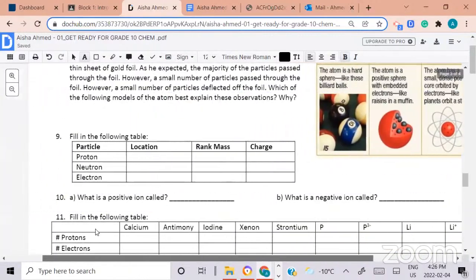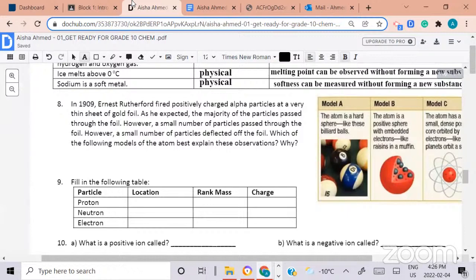Okay, would you want to read that? In 1909, Ernest Rutherford fired positively charged alpha particles at a very thin sheet of gold foil. As he expected, the majority of the particles passed through the foil. However, a small number of particles deflected off the foil.